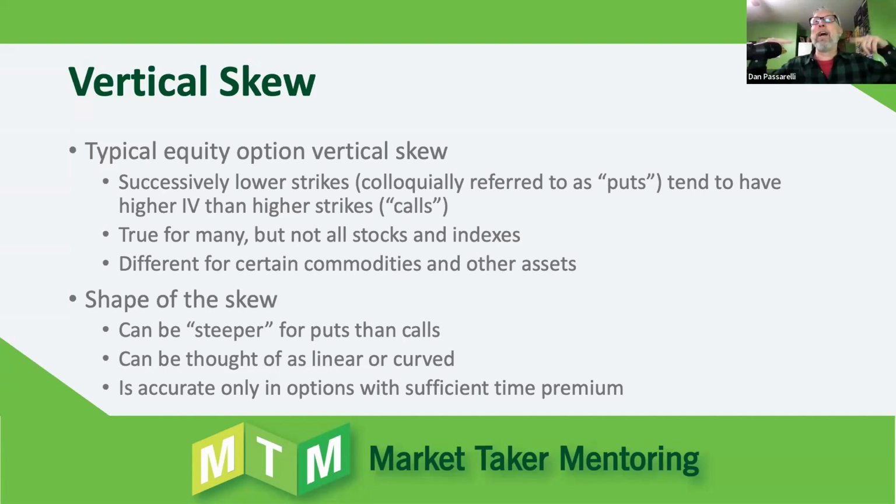So I just think in terms of the out of the monies, I just call those lower strikes puts. They tend to have higher implied volatility than the higher strikes. And that's true for a lot of stocks and indexes, but not all of them.